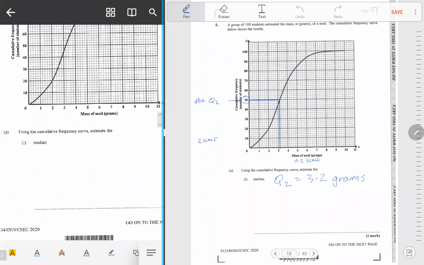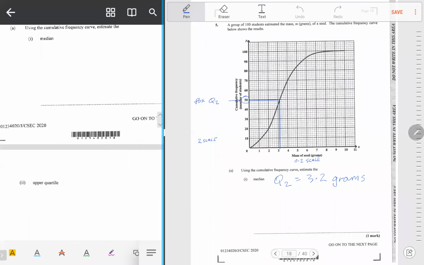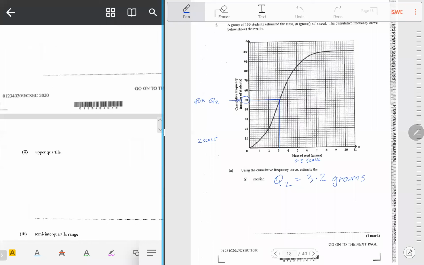So that's the median. The next thing I want is the upper quartile. Remember, the quartiles divide the data into 4 equal parts. The position of the lower quartile is 1/4 of the students. The position of the upper quartile is 3/4 of the students.